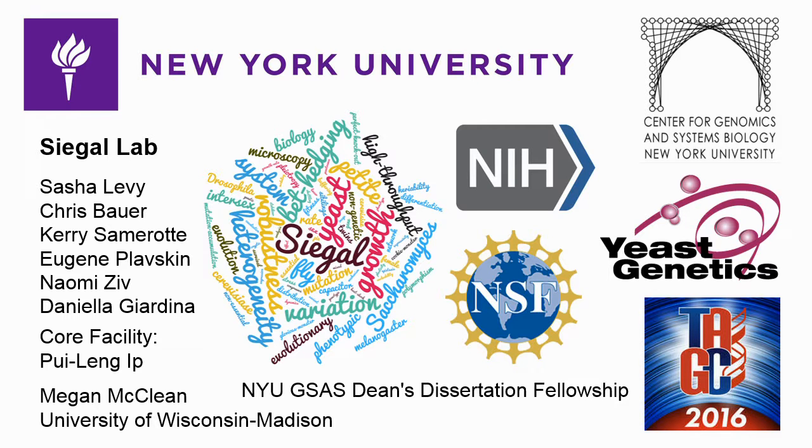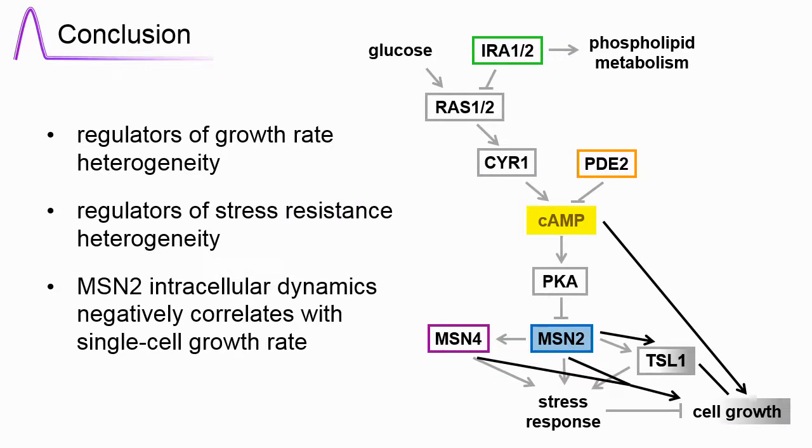So unfortunately, I haven't really looked at MSN2's dynamics with TSL1 on a single cell level at the same time. But what I did is I sorted for enrichment of the slow-growing cells based on the TSL1 level. Can I go back? Sorry, I cannot do it here.